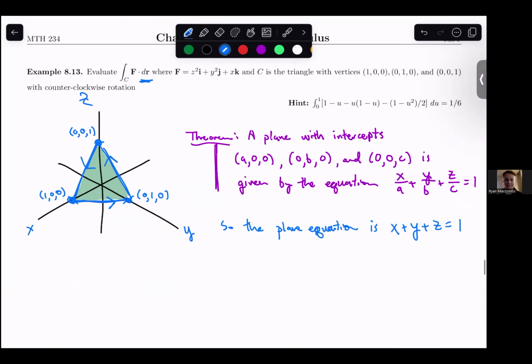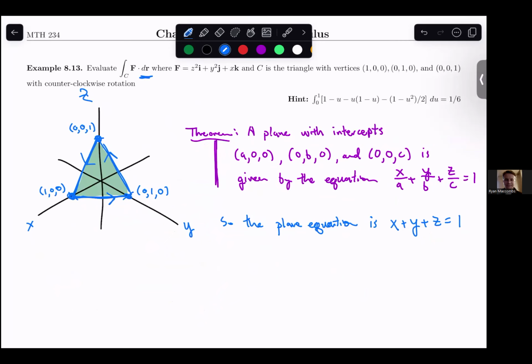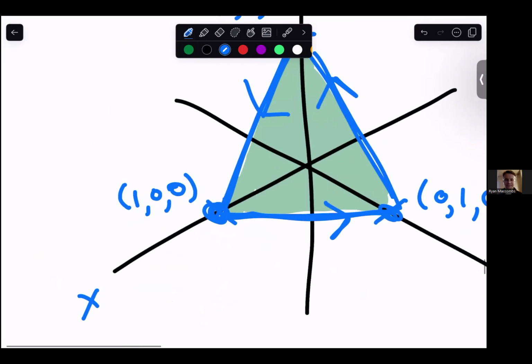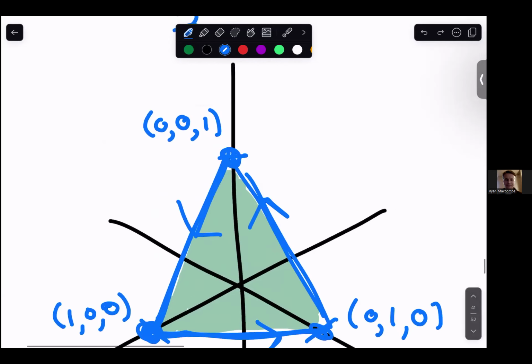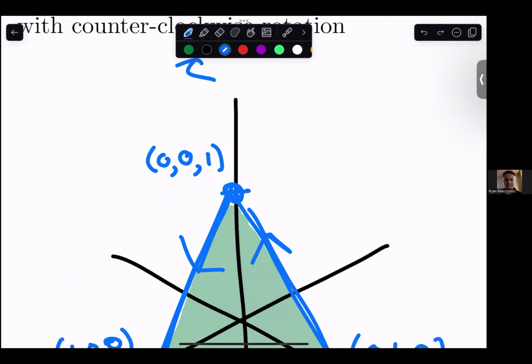However, because these are all of the intercepts, we have the x-intercept where it crosses the x-axis, which is (1, 0, 0). And we have (0, 1, 0), that's where it crosses the y-axis. So another intercept. And then finally, where it crosses the z-axis, (0, 0, 1).